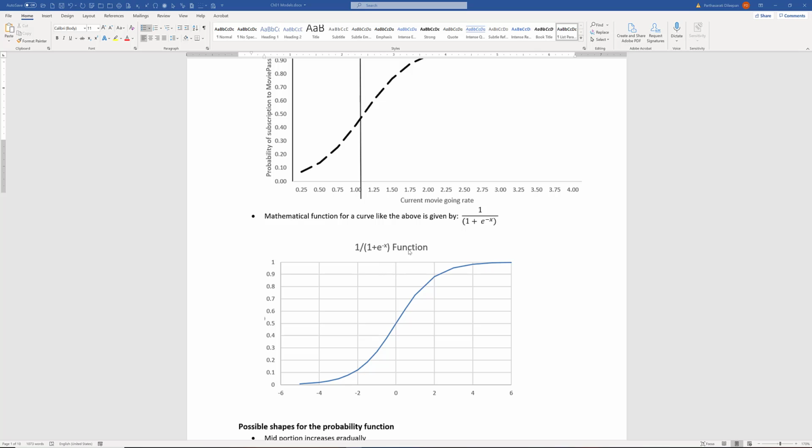So we can say that x can be the current movie going rate minus the break-even rate. But there is one problem with that.